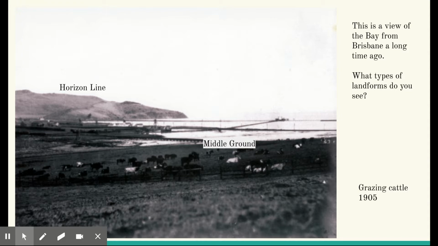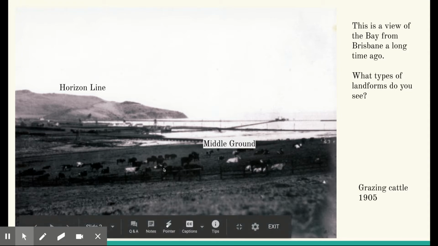So right now we're looking from Brisbane in toward the city. And so what do you see there? I see a hill. It could be a mountain. There's some fields. Could be marshy in through here.